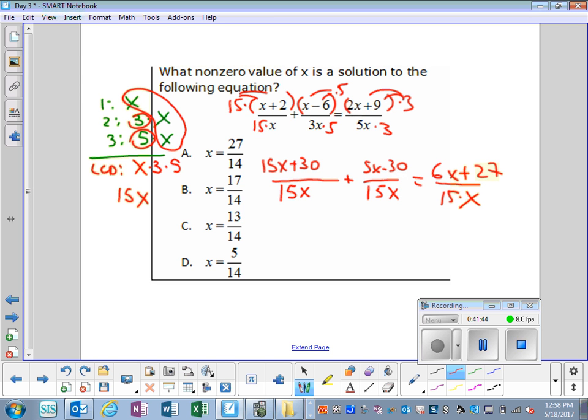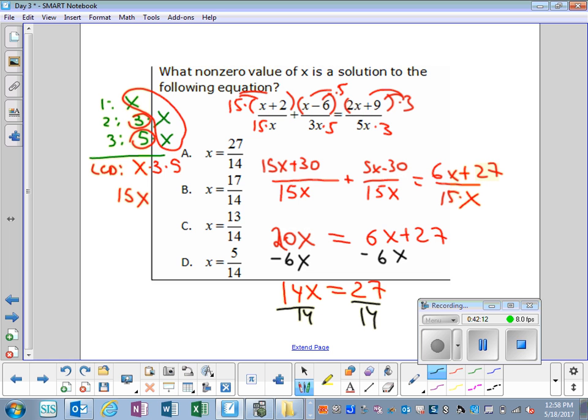So denominators can now be ignored, and my equation becomes what? 15x plus 5x is 20x. 30 minus 30 cancels out, equals 6x plus 27. Minus 6x, minus 6x on both sides. I have 14x equals 27. Divide by 14, divide by 14, and my answer is x equals 27 over 14.